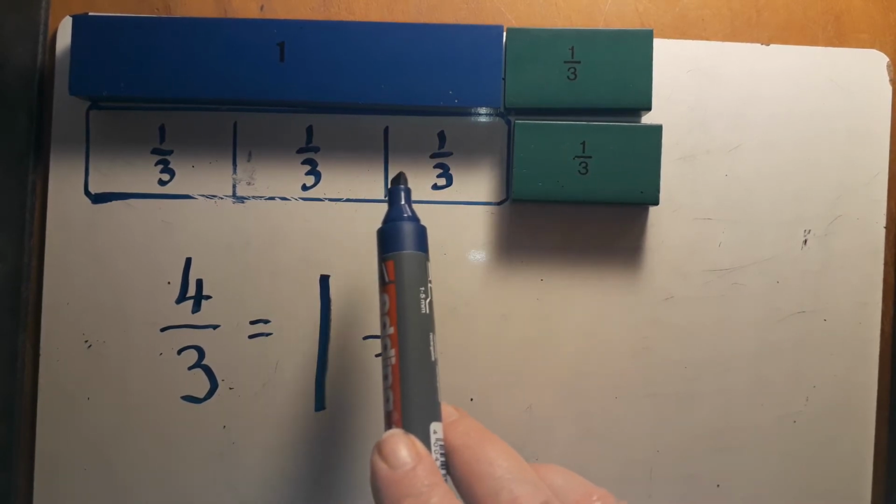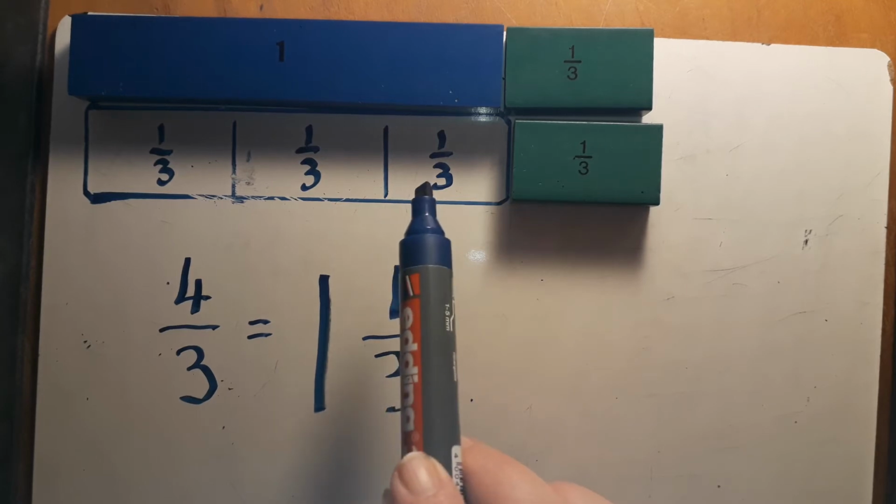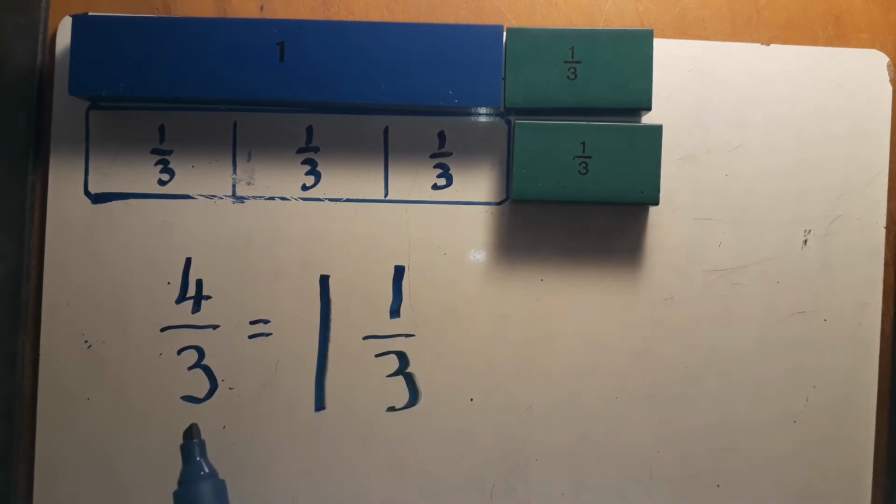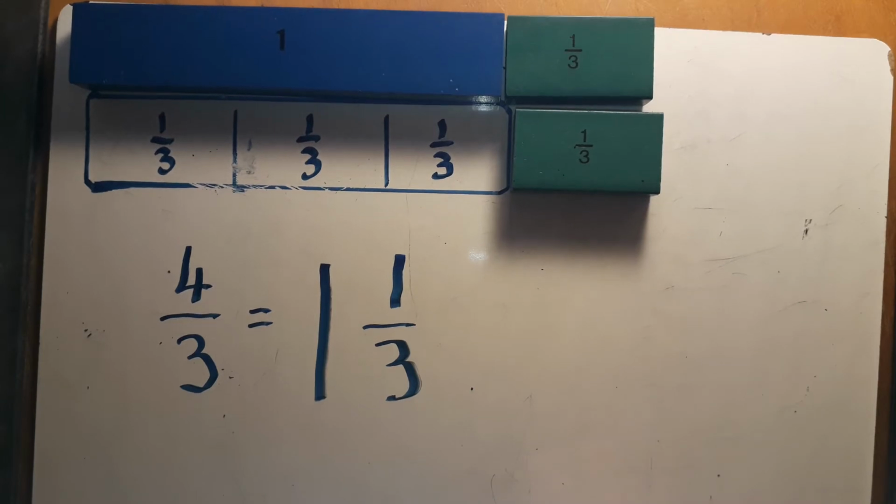There is a mathematical method we can use to work out our fractions that are greater than 1 by understanding that fractions are actually just division. I could also work this out by dividing the amount I have, which is 4, by the amount in the whole.